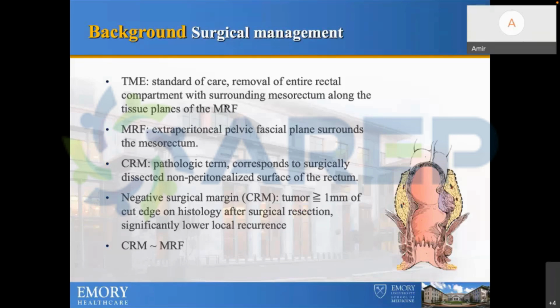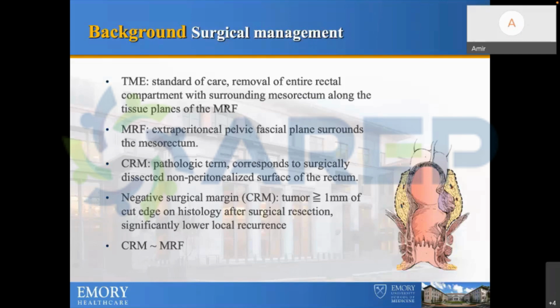And what it means is that the surgeon removes the entire rectal compartment along with the surrounding mesorectal fat, and along with the other planes that are confined to the mesorectal fascia.